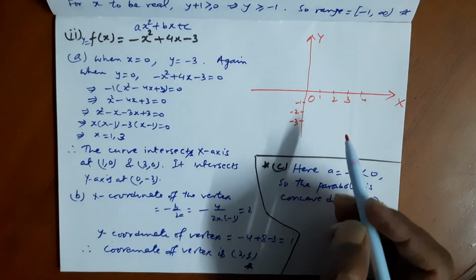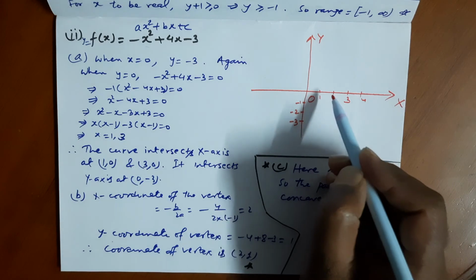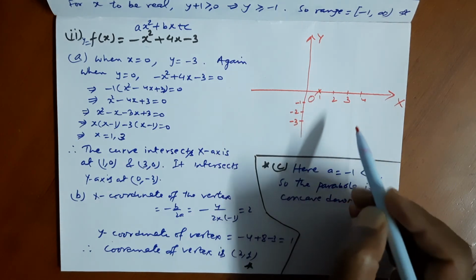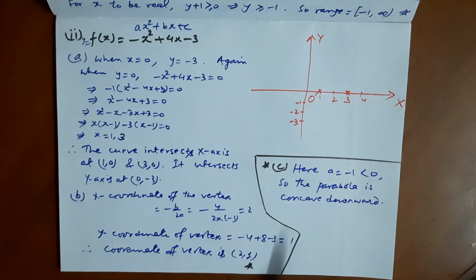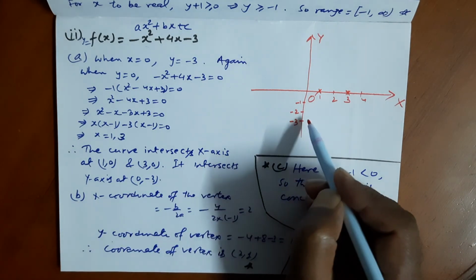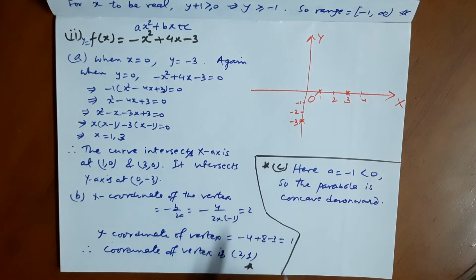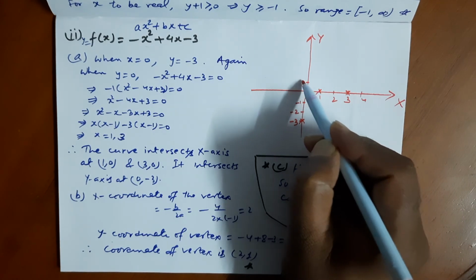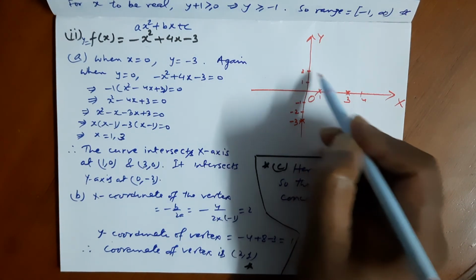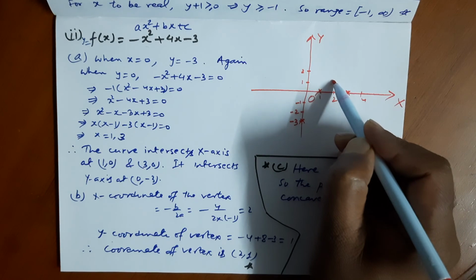Okay, now here the coordinate where it meets the x-axis, (1, 0) is here, and then (3, 0) is at this point, and it meets the y-axis at (0, -3), the (0, -3) point is this one, and its vertex is (2, 1). So here let's suppose this is 1, this is 2, so (2, 1) will be somewhere here.